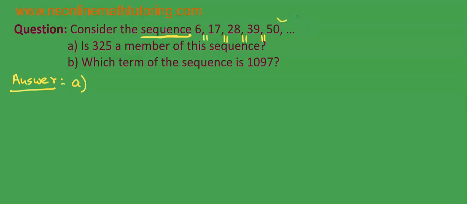You have to show this first, that there exists a common difference. You write that 17 minus 6 is equal to 11, 28 minus 17 is equal to 11, 39 minus 28 is equal to 11.